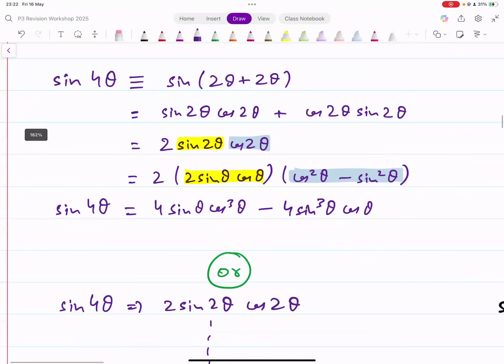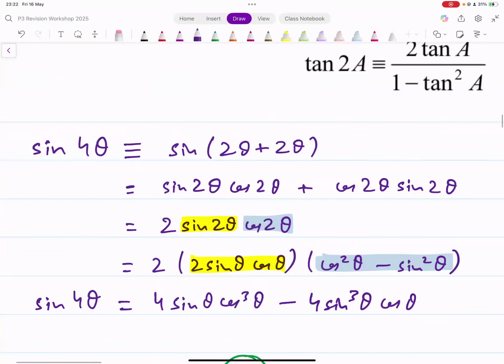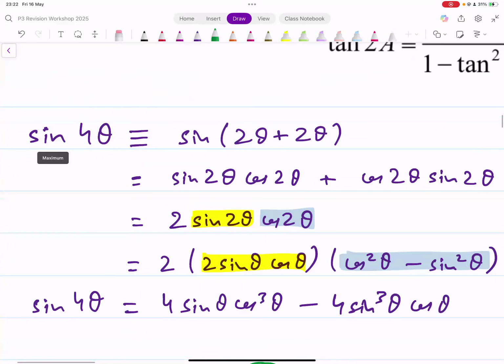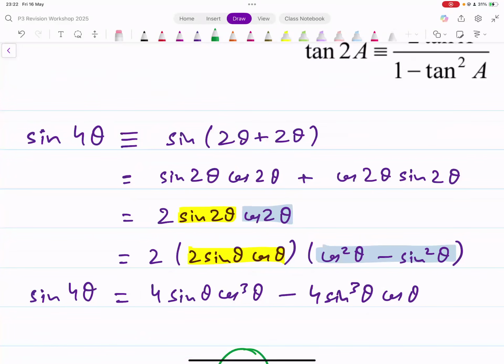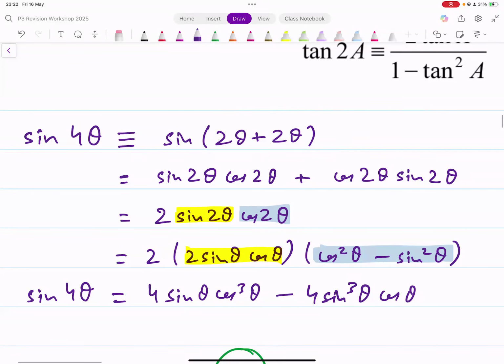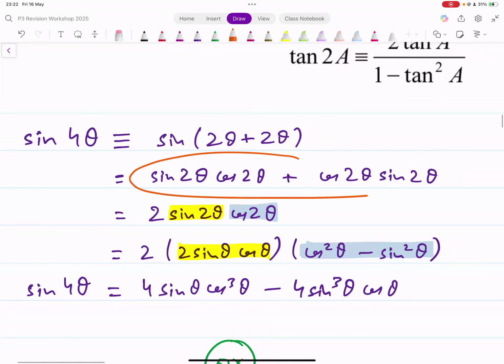For example, what if you had sine of 4 theta? How would you expand that? You could say sine 4 theta is the same thing as saying sine of 2 theta plus 2 theta. You could write that as a compound angle, right? And then apply the compound angle identity for sine a cos b plus cos a sin b, and then simplify that, and you end up getting this expression.